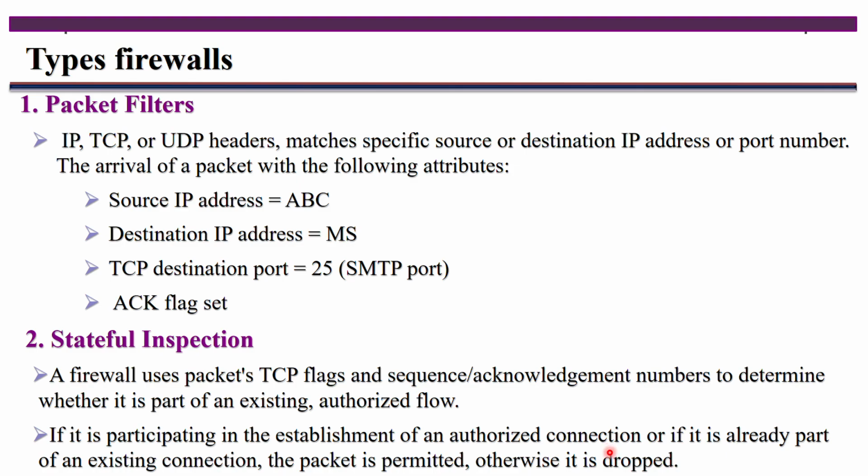So whatever communication you want to make now, first you have to establish, that is what you call the authentication process. First it has to authenticate itself. For that we call it an authorized connection. If it is already part of an existing connection, then you allow that packet to enter as permitted, otherwise you have to drop it.